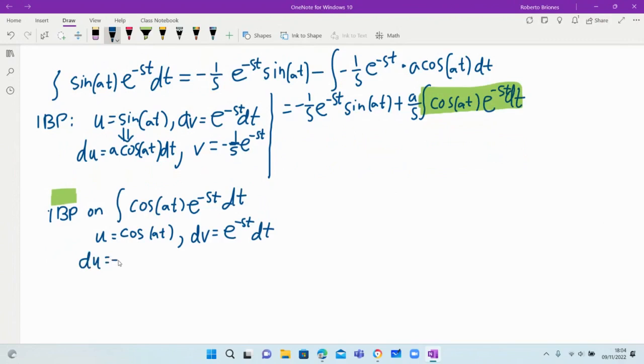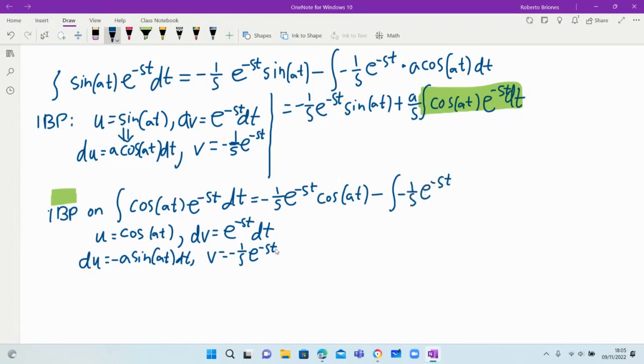From here, we have du is negative a sine of at dt, while v, on the other hand, is negative 1 over s e to the negative st. So that this will become u times v, so negative 1 over s e to the negative st cosine at, minus integral v, which is negative 1 over s e to the negative st, times the differential du, which is negative a sine at dt.